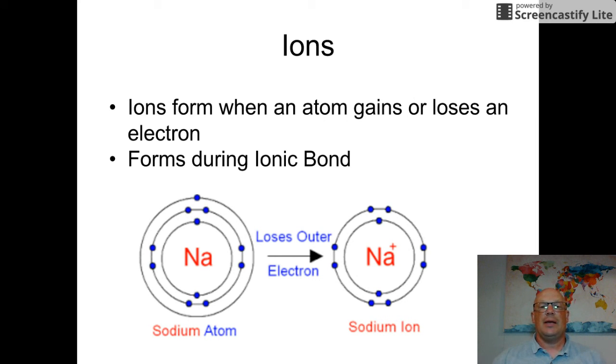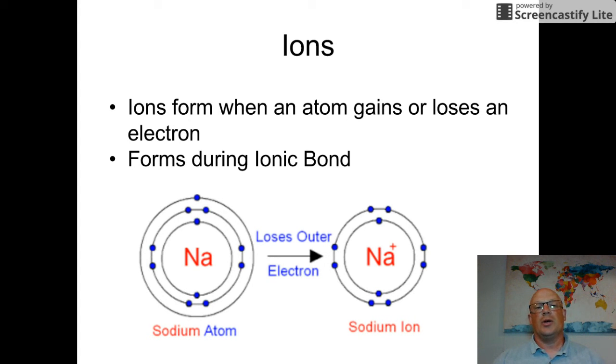And so it becomes a negative ion. Those groups 1 and 17 are going to form ions and bond together very easily. Groups 2 and 16 are going to gain or lose electrons and bond together very easily.